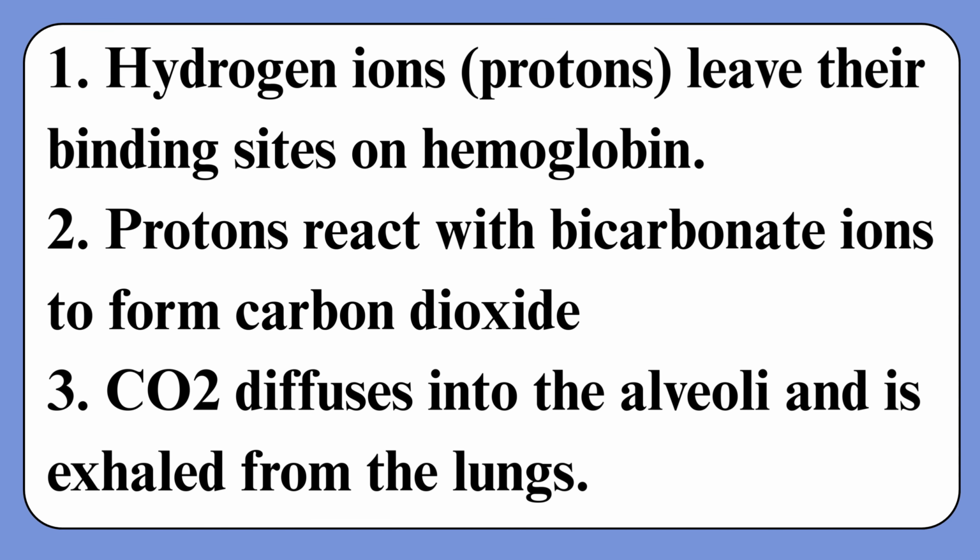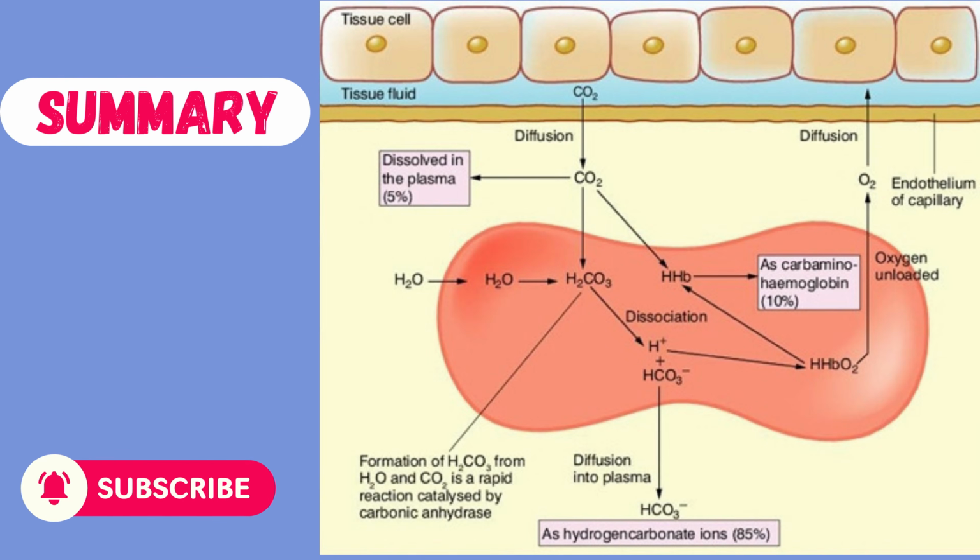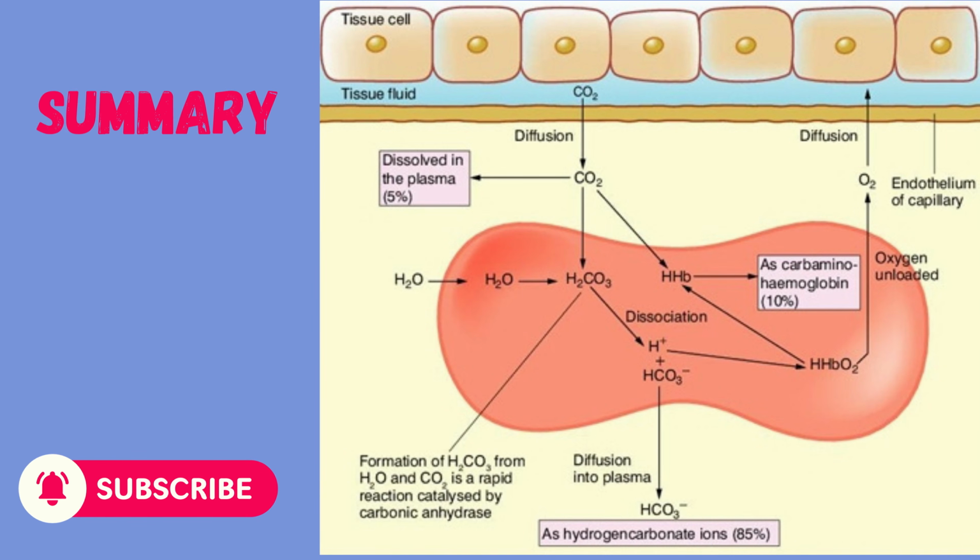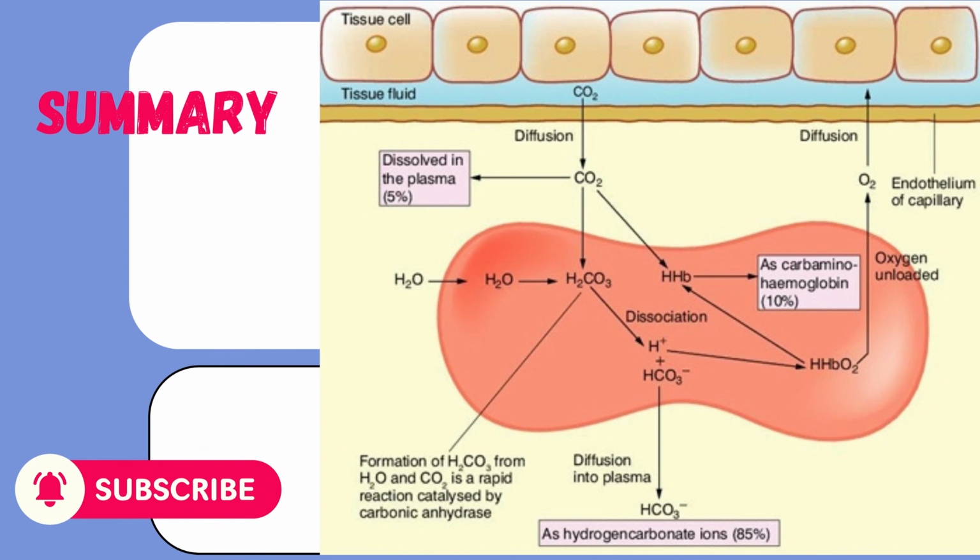Recall it was forming hemoglobinic acid, and then the protons react with the bicarbonate ions to form gaseous carbon dioxide. So the bicarbonate first combines with hydrogen ions to form carbonic acid, then it dissociates to give back the water and the carbon dioxide, which are removed as water vapor and carbon dioxide. And this gaseous carbon dioxide diffuses and is taken out.